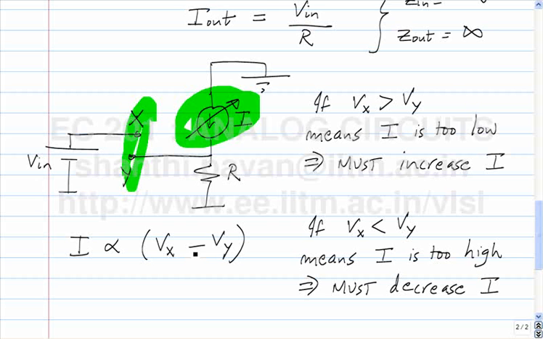I must be proportional to Vx minus Vy. If I is proportional to voltage, it must be equal to something of the form Gm times Vx minus Vy. And what you need in practice, if you want to make Vx equal to Vy, it's only if Vx is equal to Vy will I be equal to V in by R.